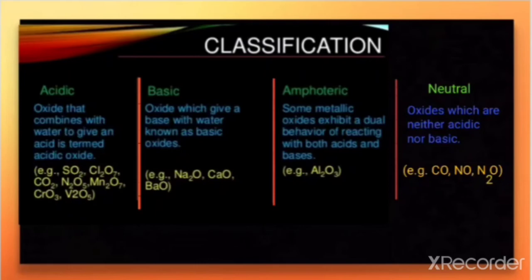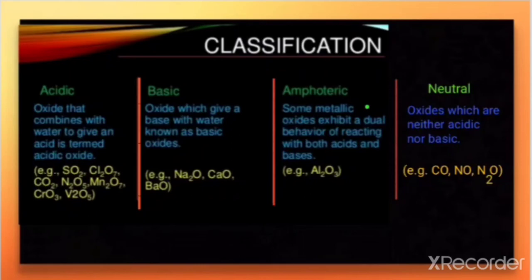Next, basic character, that is basic oxide. The oxide which gives a base with water is known as a basic oxide. Examples are metal oxides like sodium oxide, calcium oxide, barium oxide; these are basic in nature. Next, amphoteric, which can act as both acidic as well as basic. That type of oxide is called an amphoteric oxide.